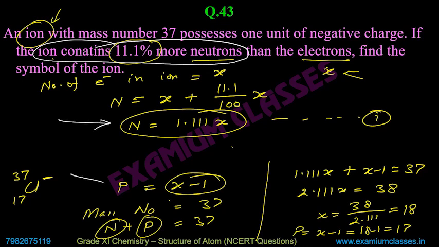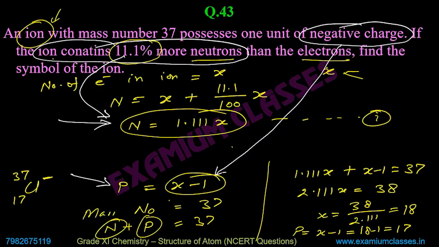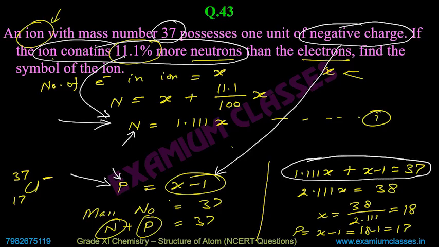So I got two equations from here. This gave me this equation, and one negative charge gave me this equation. And then I know that N plus P is the mass number. N I substituted from here, P I substituted from here. So I got the equation in terms of x only, an equation in one variable, solved it for x, and got the answer.